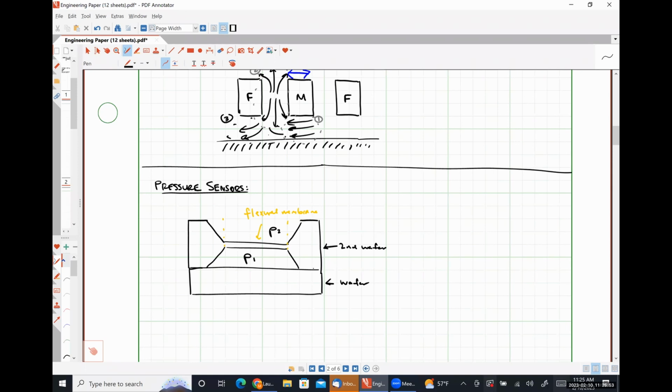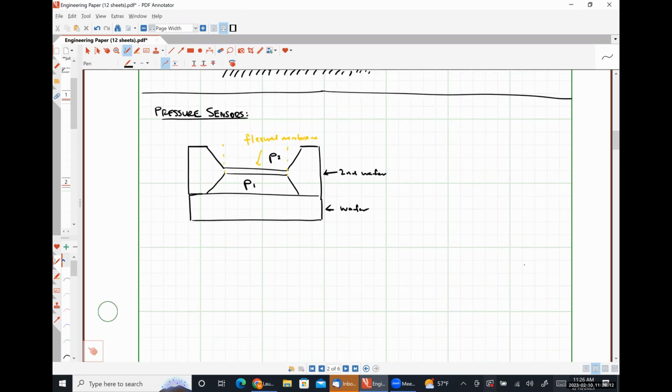So in order to quantify those changes in membrane deflection, we need to understand how and why a membrane deflects due to pressure. So now we're going to hit you guys with a whole bunch of equations again. Okay, let's start with something simple-ish.